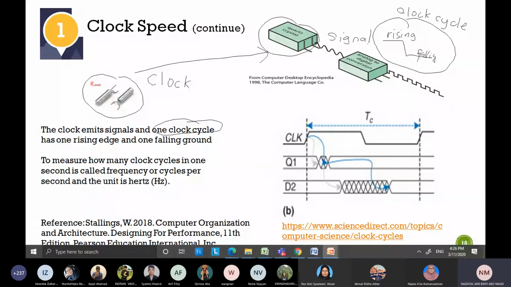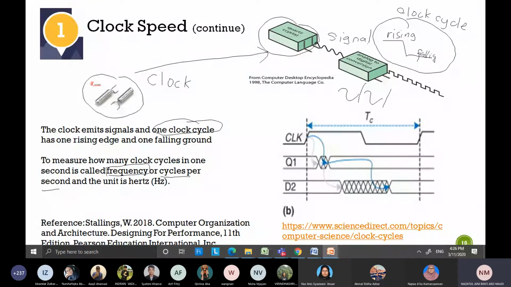So how to measure how many clock cycles in 1 second? The measurement they use is based on frequency, or cycles per second. In 1 second, how many cycles can be run by the computer?